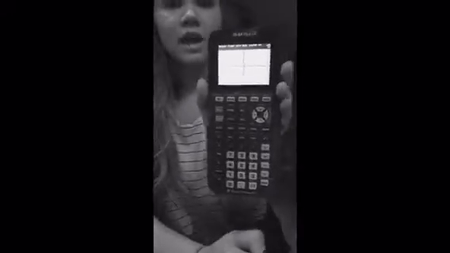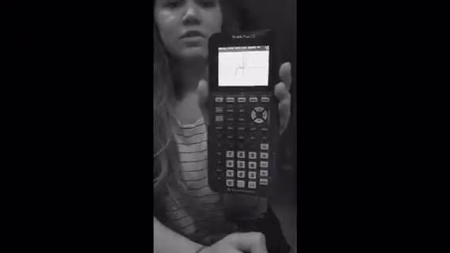And then to get off the exponents, you press the side button. And plus 3x squared plus x. So once you have your equation written down, you just press the graph button and there's your graph.